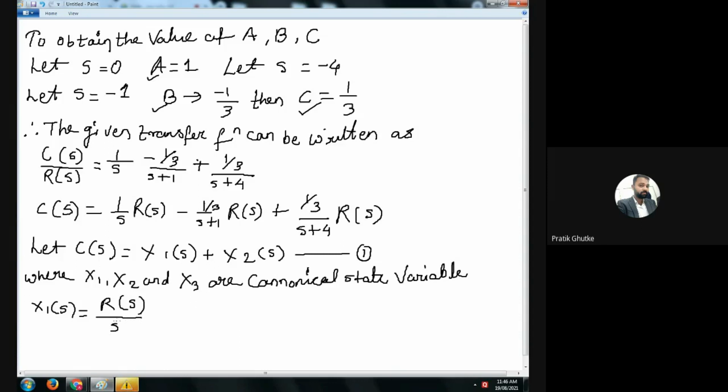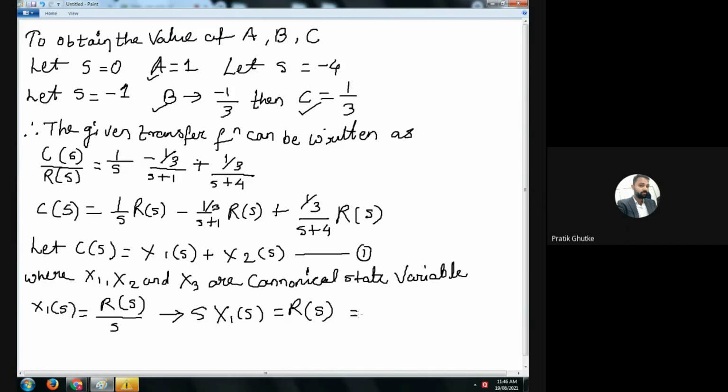R of s by s means nothing but, can I make the corrections here? S into x1 of s equals R of s. I can rewrite it like this. So this is in the s domain, I will take it into the time domain.